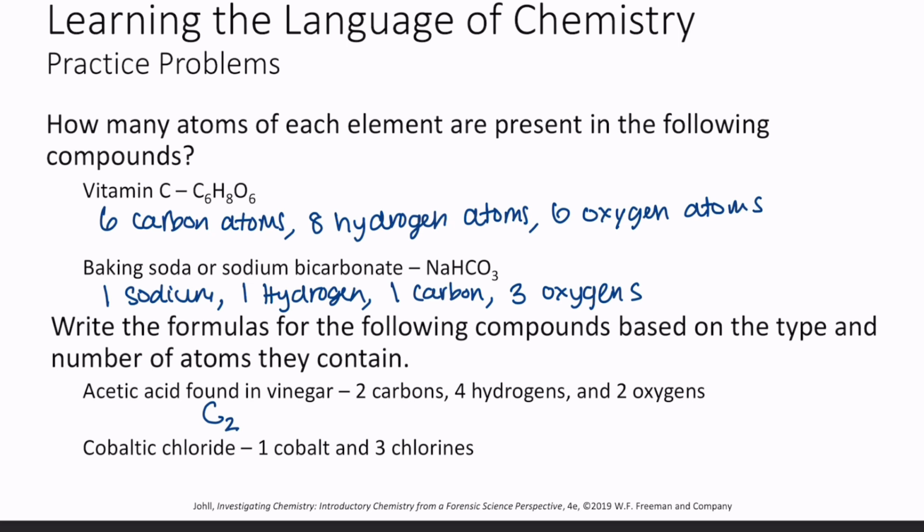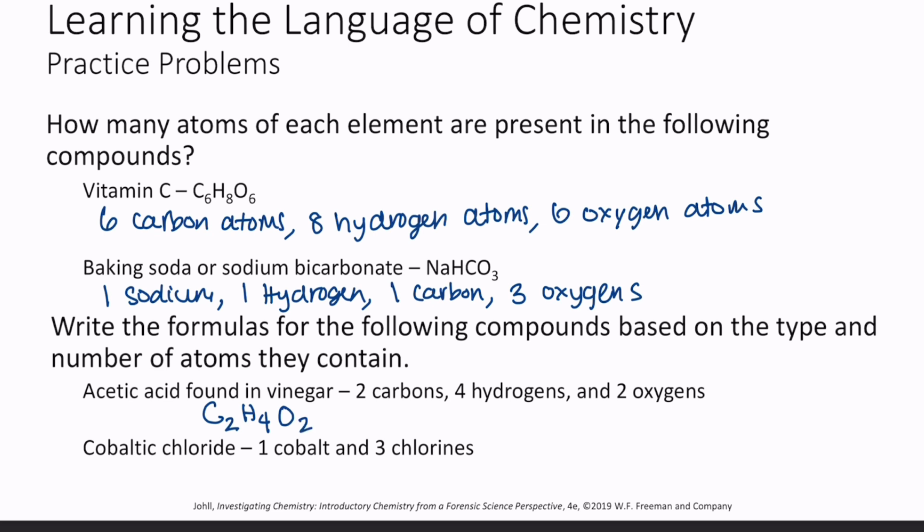And then it's going to have four hydrogens. So the chemical symbol for hydrogen is H, and I'm going to have four of those. And finally, it has two oxygens. So I can look up the chemical symbol for oxygen, and I find it to be O, and it's going to have two of these.